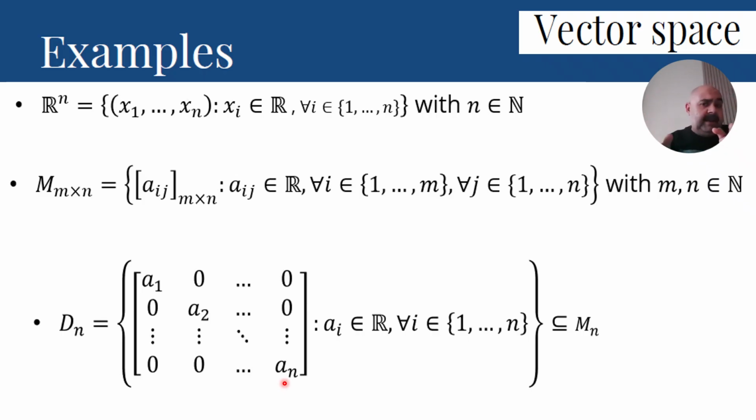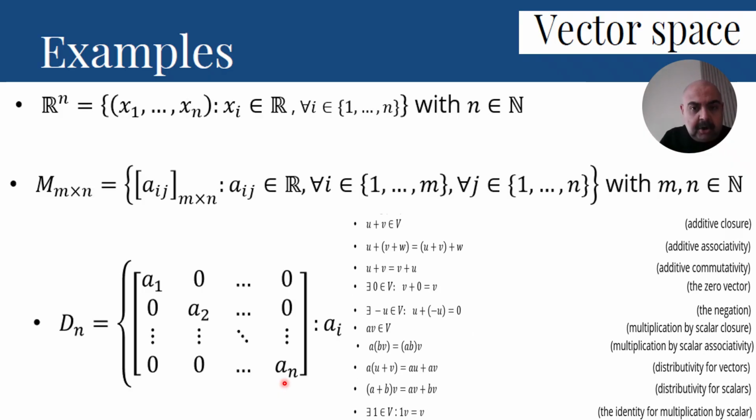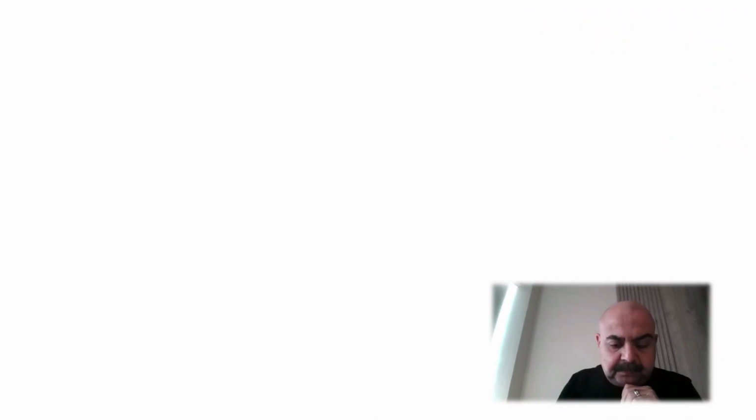If you multiply a diagonal matrix by a number, all the elements on the diagonal will be multiplied, so it preserves the same concept. So as we remark, all the 10 requirements hold for all of these examples.